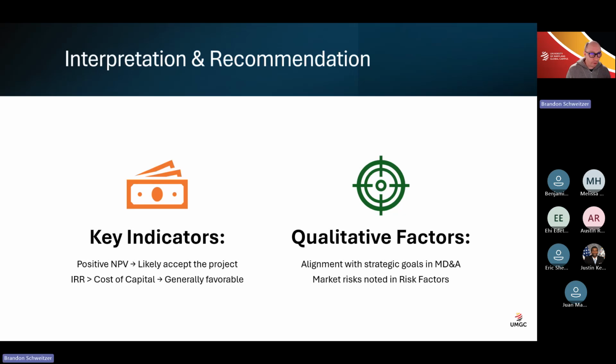When it comes to your report, we want to summarize what your opinion is with respect to these key indicators.